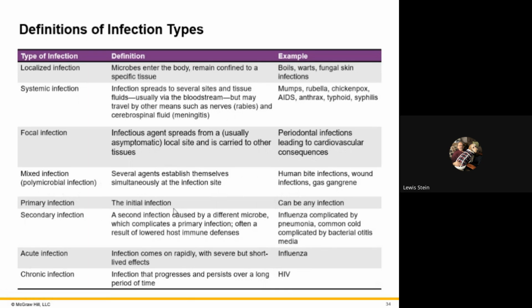Now, primary and secondary infections. I talked about it a little, but I'll go over it again. The primary infection, typically, when we hear about flu season, is a viral infection. It causes influenza, which affects your lungs and your lower respiratory tract. The secondary infection is typically bacterial.